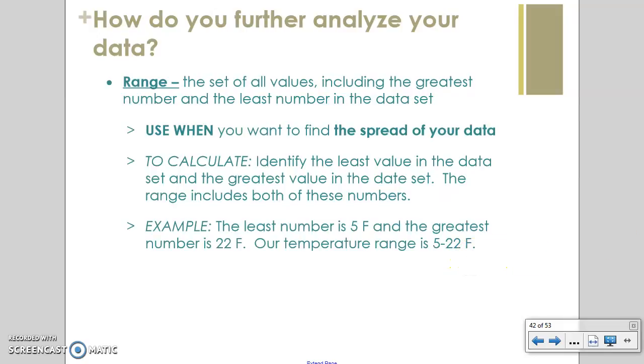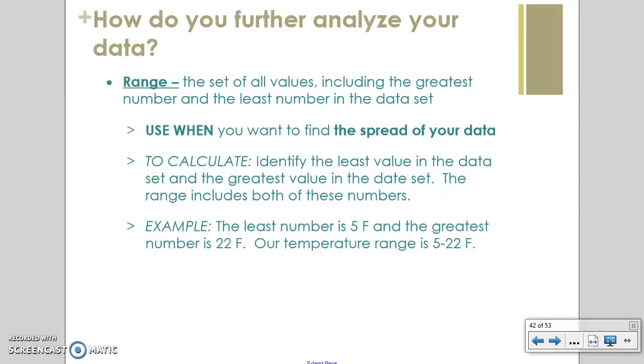So in summary, this is how we might use the information that we've observed during an experiment. We first need to record the information in an easy-to-read data table so that our audience can go ahead and find that information quickly and easily if they need to.